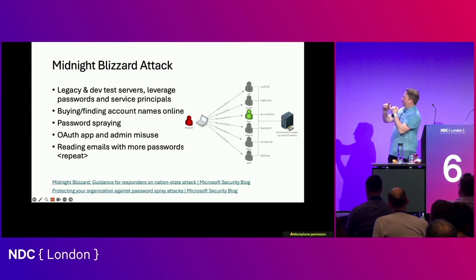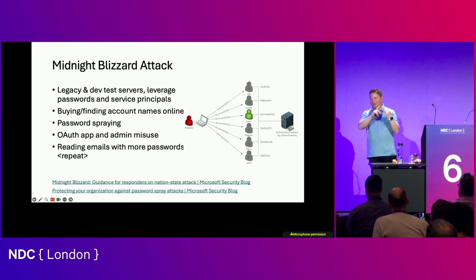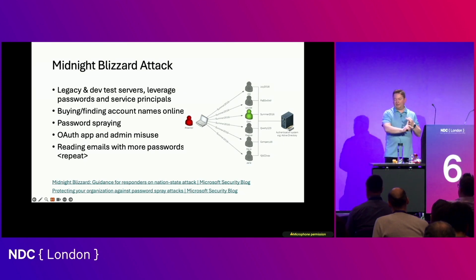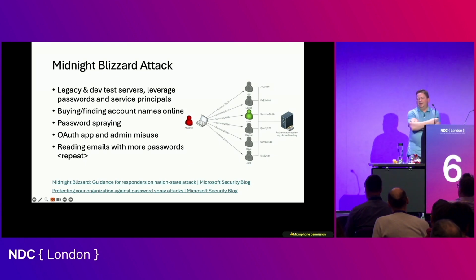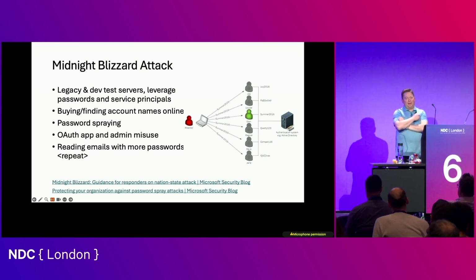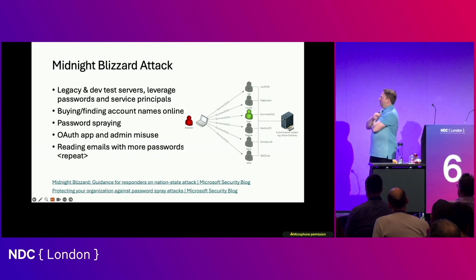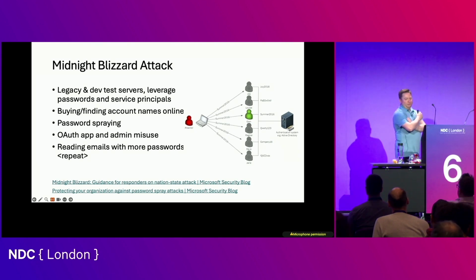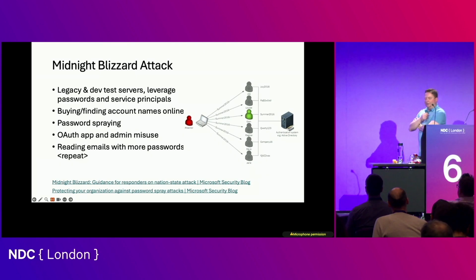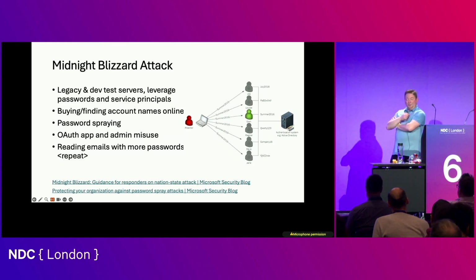So we got old service principals. We've got passwords that people were able to guess or hammer attack through password spraying. And then there's another flavor, which is there's a number of these OAuth apps. So the third kind of breach was OAuth apps. And remember, OAuth apps, when you join an app to Entra or to the directory, in the original days, they would also have a service principal.